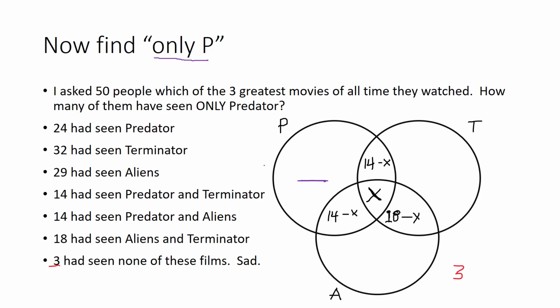So here we want to put down 24. But once again, it's not that simple, because that 24 accounts for this sector, this sector, this sector, and this sector. Here is where we start getting the most complicated algebra, really. It's a bit of a pain in the butt with some subtraction going on.